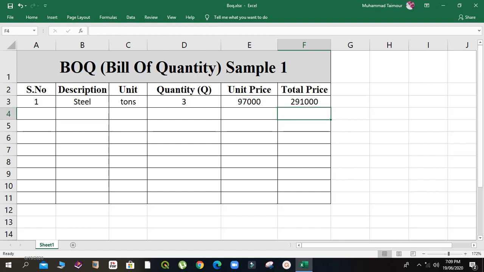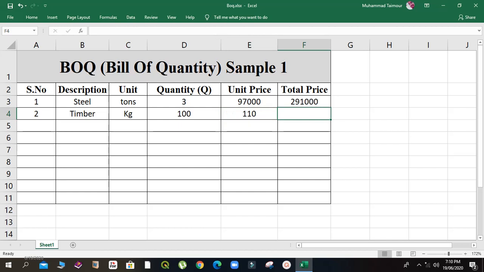So the second item we measure is timber, and timber is always available in the form of kg. So 100 kg of timber, and the unit price of 1 kg is 110.